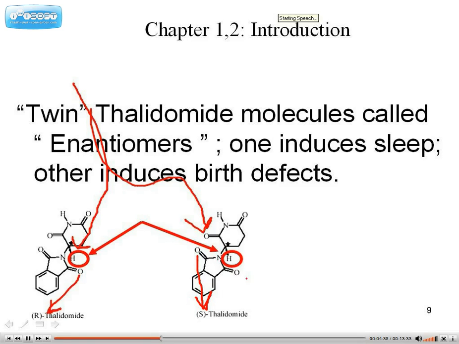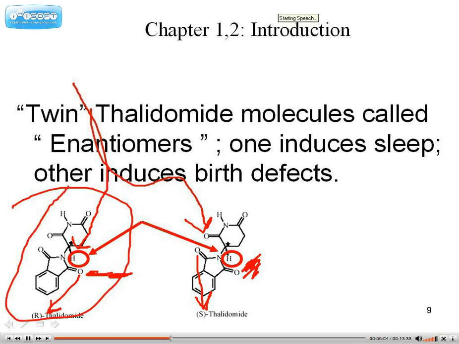Bottom line is, just by the location of this one single hydrogen, that hydrogen being on a different part of the molecule. One is on the top, right here. One is on the bottom, right here. That determined what type of chemical reactions occurred in the body. If we had R-thalidomide in the body, then you would be put to sleep.